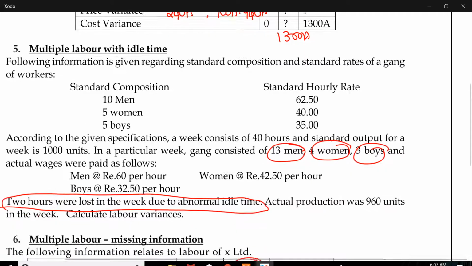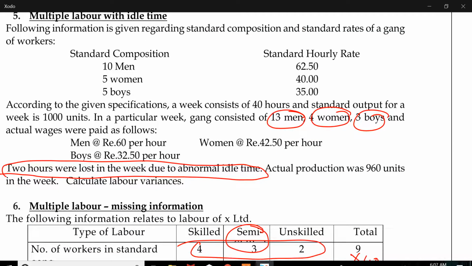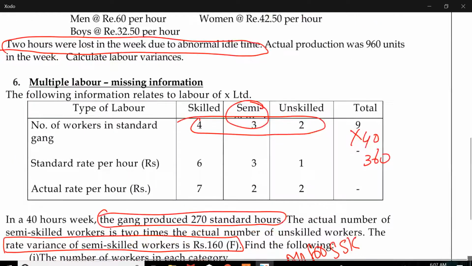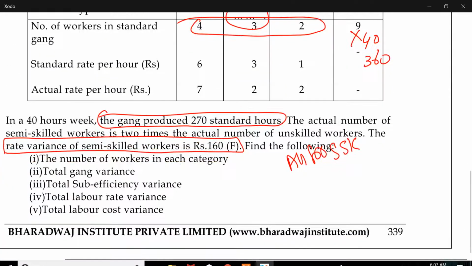This needs to be interpreted as 1000 units in 800 man hours, in bracket number of hours into number of workers.